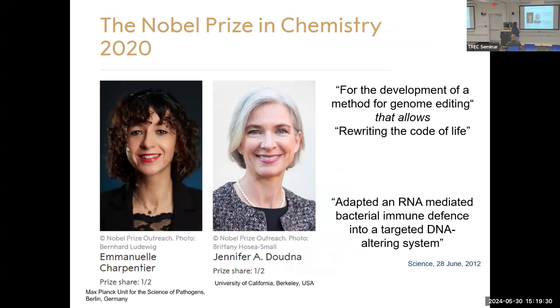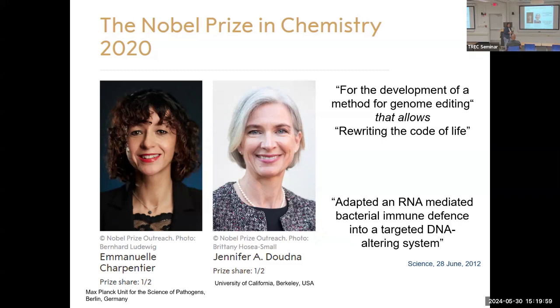In 2020, Emmanuelle Charpentier and Jennifer Doudna were awarded the Nobel Prize in Chemistry for the development of a method for gene editing that allows rewriting the code of life. These two women developed the CRISPR-Cas system into a programmable gene editing tool, which we are using nowadays.